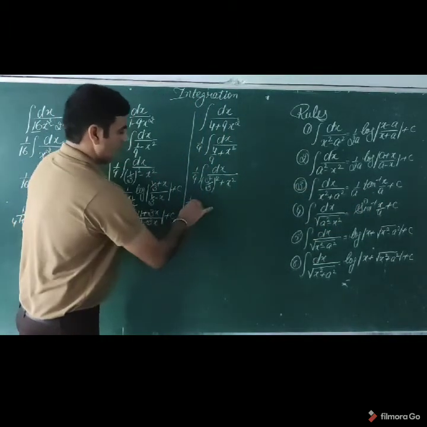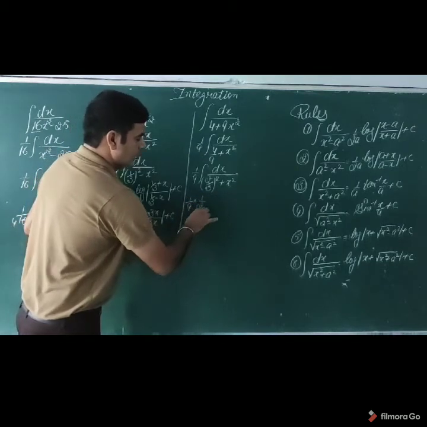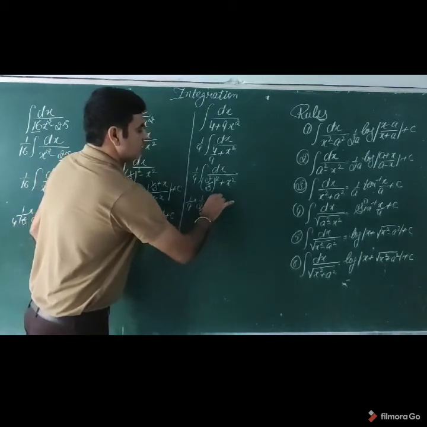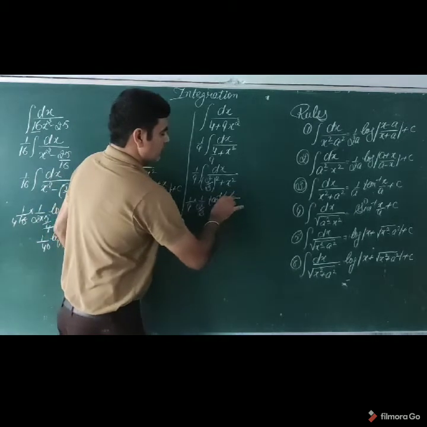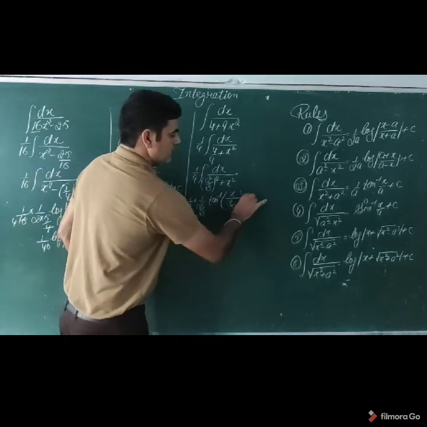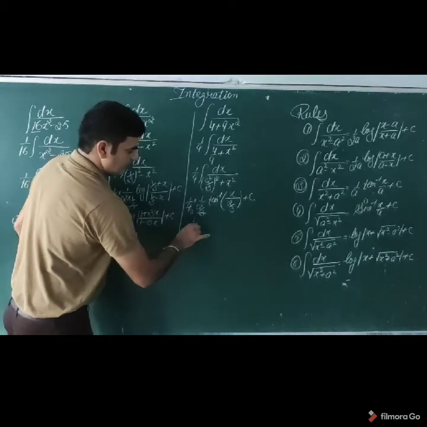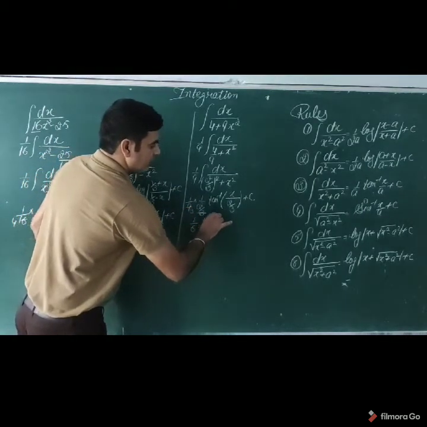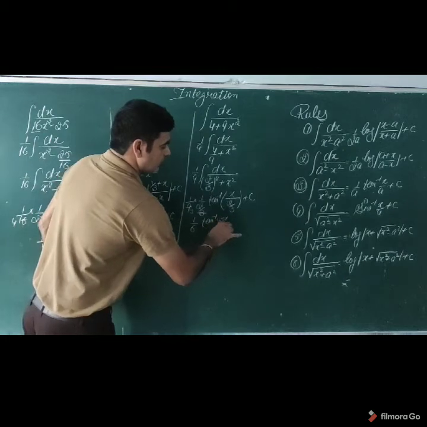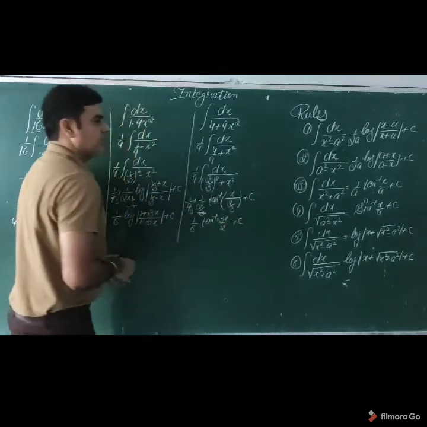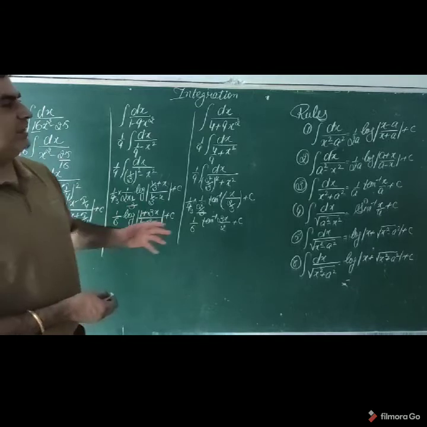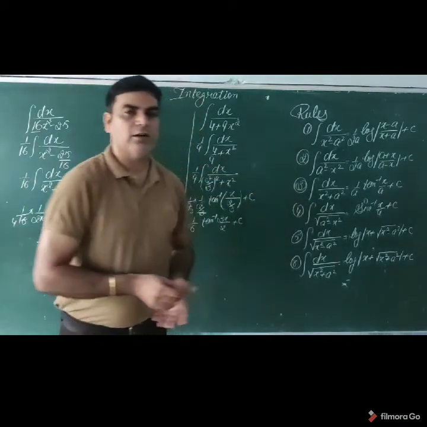The term remains the same: 1 by a, where the value of a is 2 by 3, tan inverse x by a. Simplify, 3 cancels out 9 and 3, so it becomes 1 by 6 tan inverse 3x by 2, plus c. This is the final answer. Like this we can apply the second and third rule.